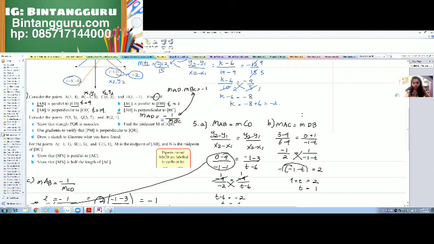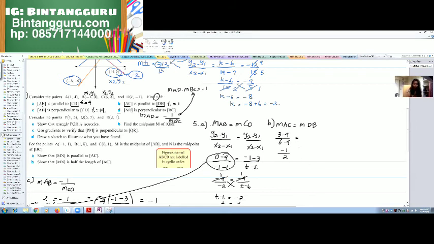Okay, we cross multiply. 1 plus t equal to mDB. mDB, y2 minus y1, or DB. Minus. Okay, so I think this is incorrect with the equation. Yeah. Okay, let's try.